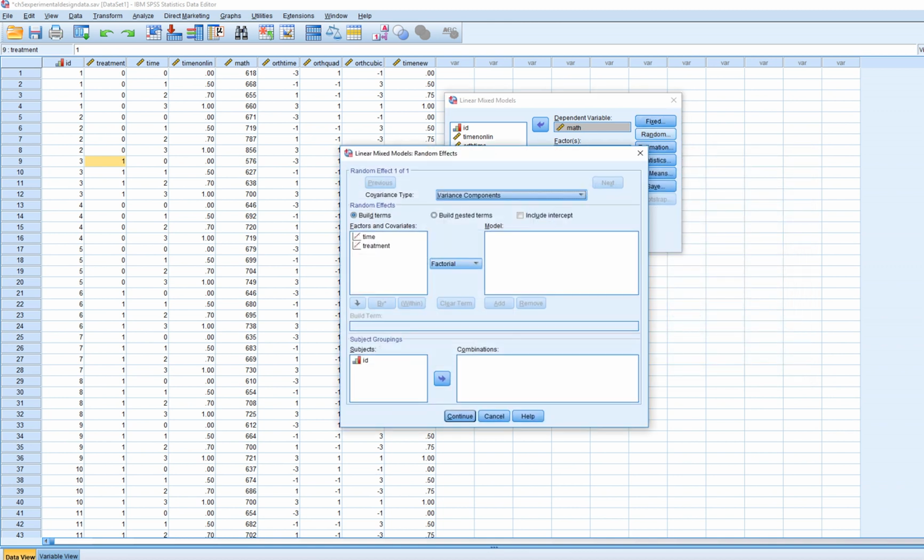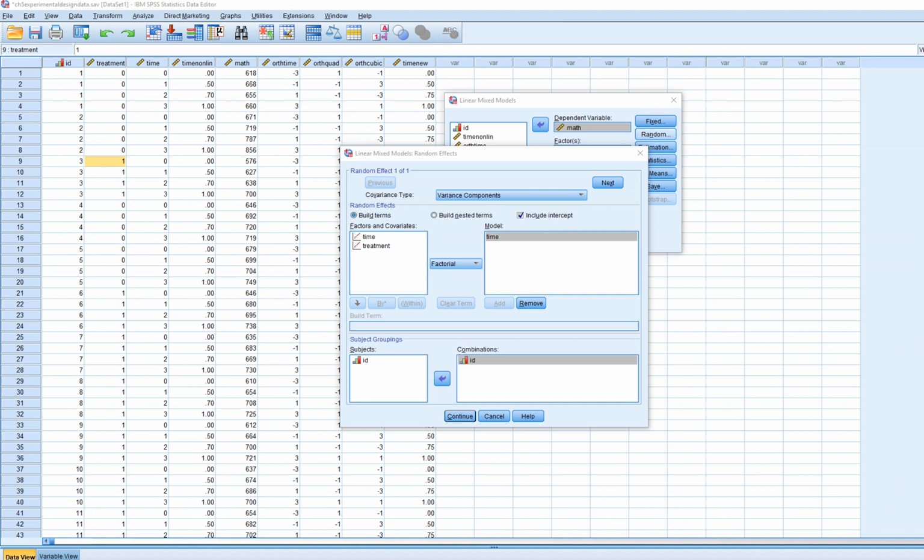So under random, we'll move ID over from the subjects box to the combinations box, click on Include Intercept, and then we'll move time over here as well. In other words, what we're basically going to be doing is estimating the variance in the students' intercepts from their growth trajectories, as well as the variance in their slopes.